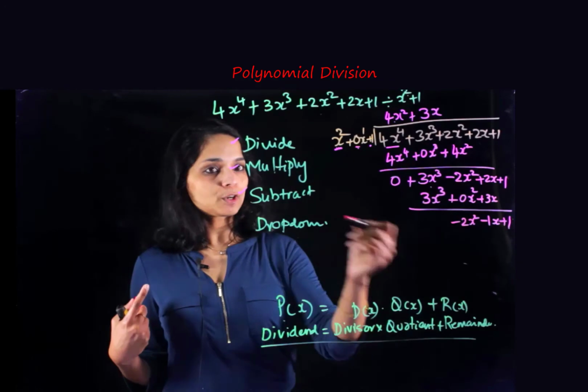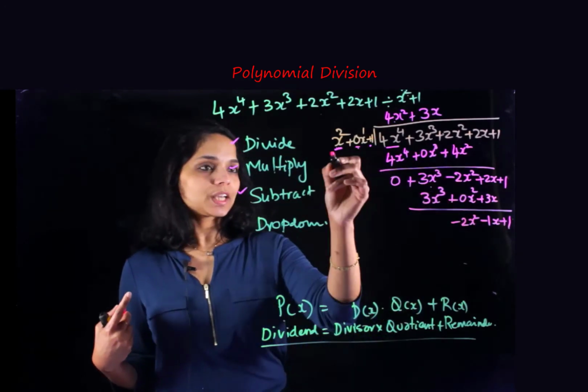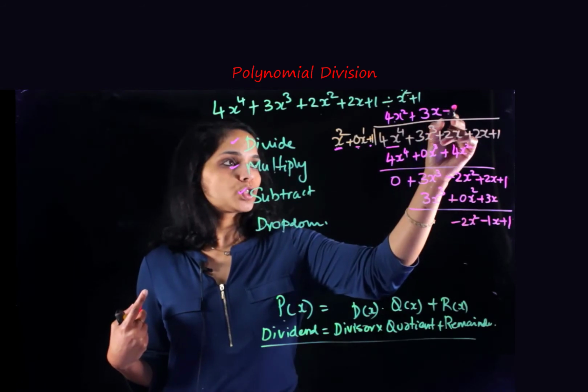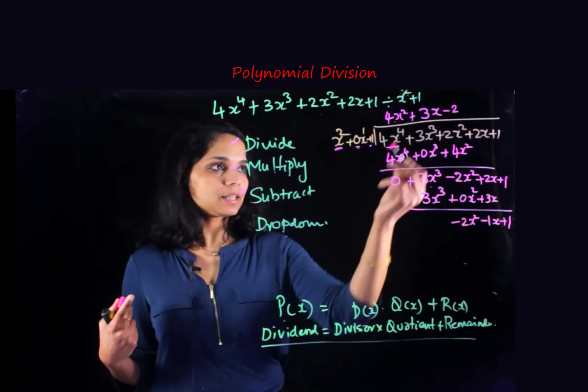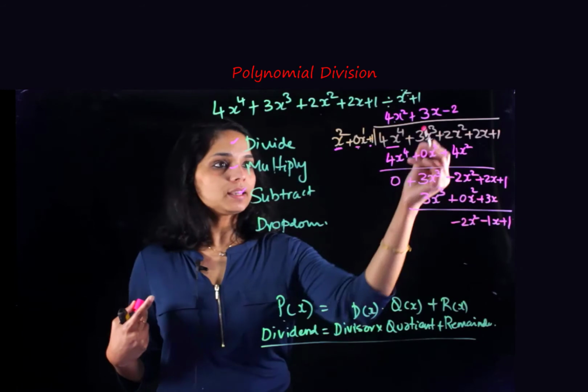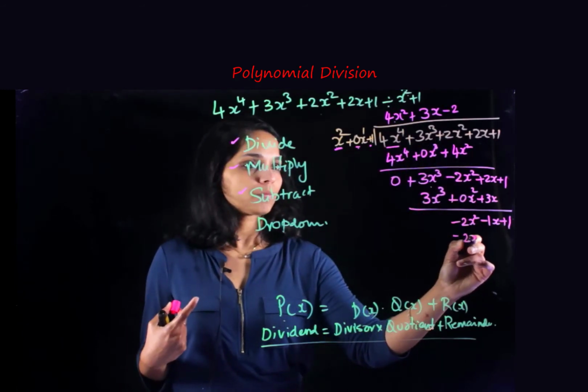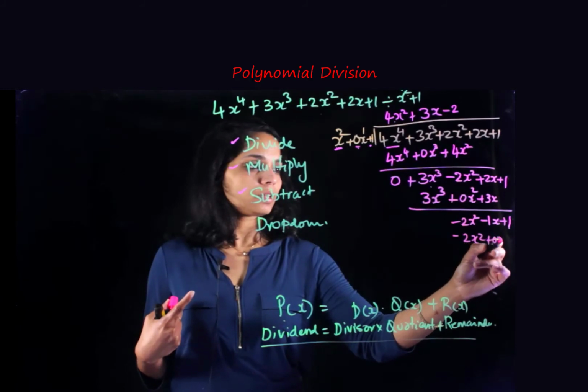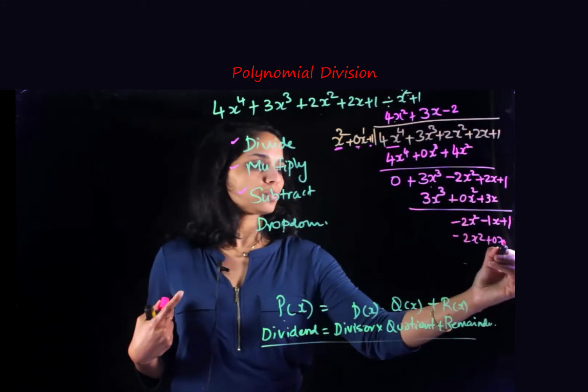So repeat the process again. Minus 2x squared over x squared is minus 2. Then you multiply: minus 2x squared, 0x, and minus 2.